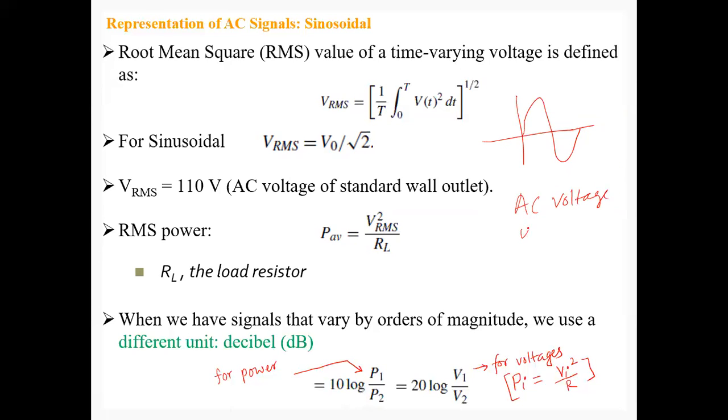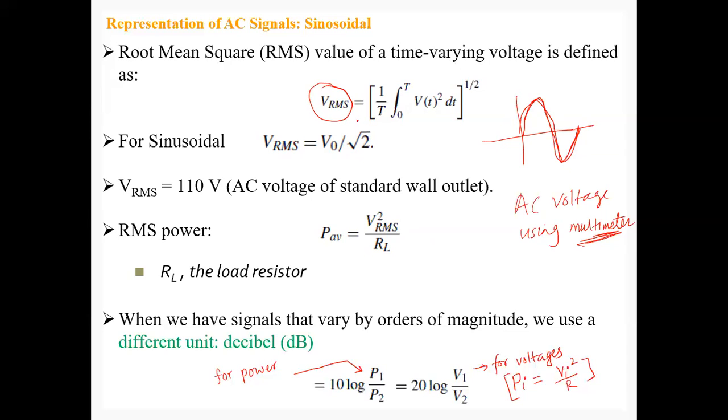Do you see fluctuating voltage like this? No, you don't see that. What happens is that the multimeter measures the RMS value of the AC voltage.